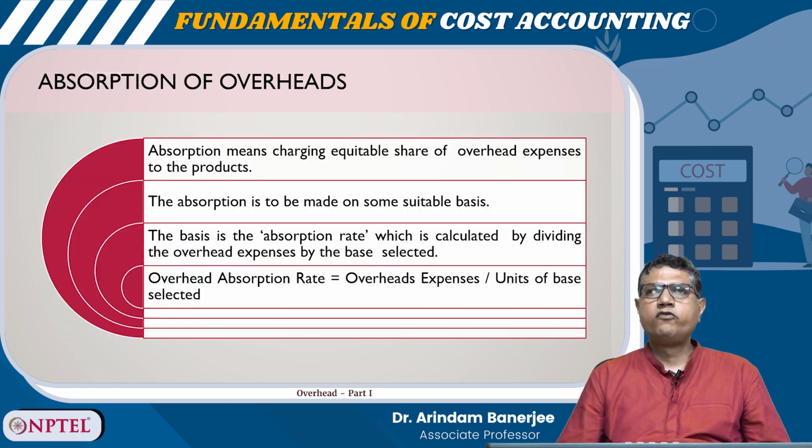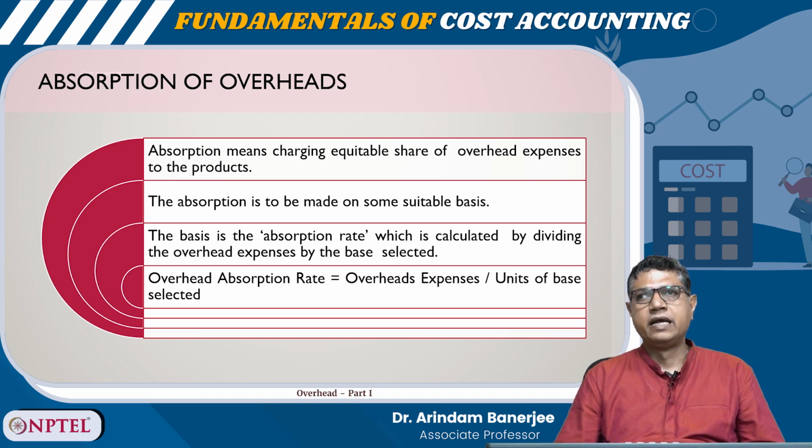So, absorption of overheads. Absorption means charging an equitable share of overhead expenses to the products. The absorption is to be made on some suitable basis. The basis is the absorption rate, which is calculated by dividing the overhead expenses by the base selected. Overhead absorption rate is equal to overhead expenses divided by units of base selected.